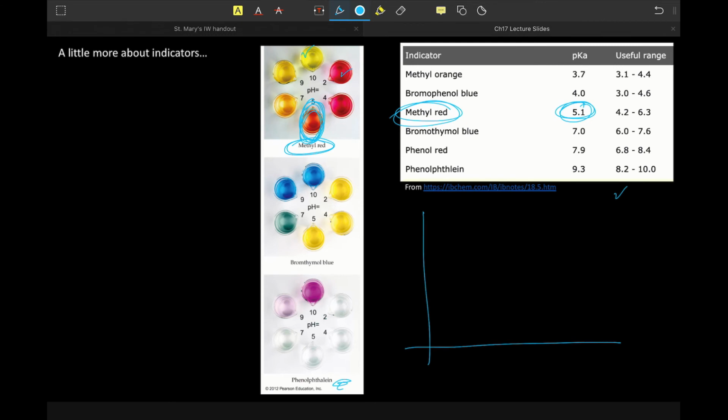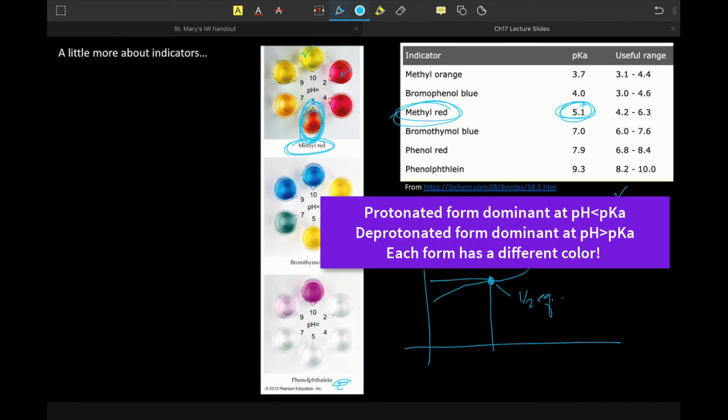So if we think about a quick titration curve here, like this, and we think about this as our pH equals pKa point, our half equivalence point, that is what this represents, the half equivalence point for methyl red.